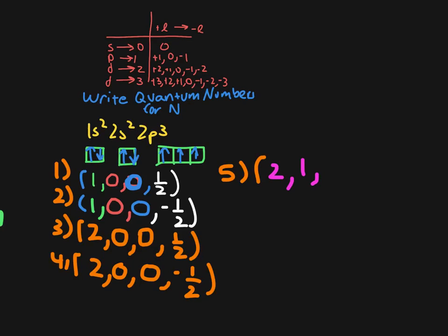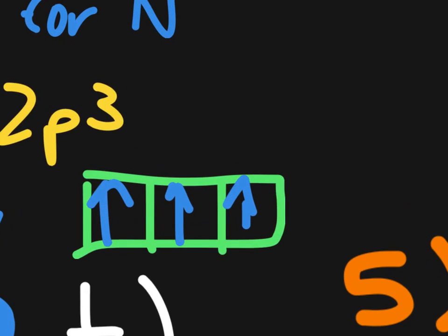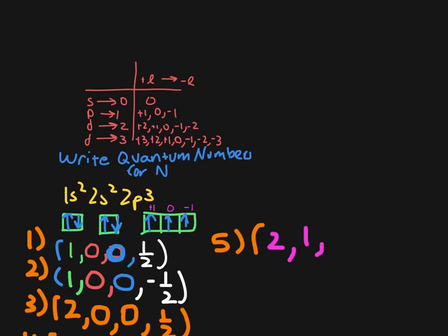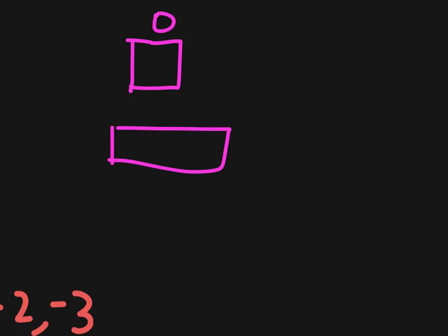But since it's our first electron there, I'm going to zoom in here and mark this up. This is always going to be the +1. So if it's in here, this is going to be a +1. We're going to just represent it as a 1. This will be our 0, and this will be our -1. I want to touch on that a little bit further since now that we've reached it. S is just always going to be a 0 there. For the P's, it's always going to be a +1 if it's in this first block there.